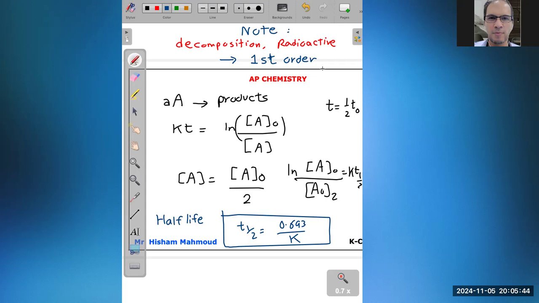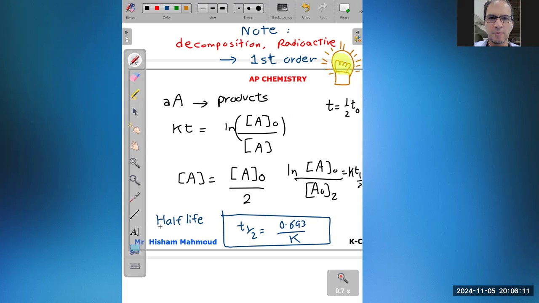He will say decomposition or radioactive substance concentration decreasing, and you will know by yourself that it is first order, because he is not going to tell you whether it is first, second or third. How will I know whether it is first, zero or second? When he says this is decomposition or radioactive substance concentration decreasing, so I will apply the t half of this one.